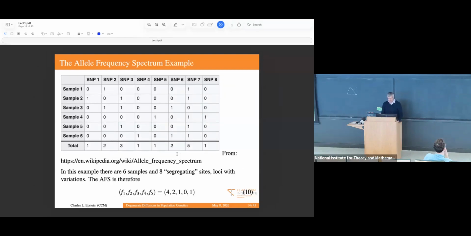So here's an example of an allele frequency spectrum. You have 8 SNPs, 8 places where you had polymorphisms, and you have 6 samples. So you count the number of occurrences of the SNP in your population, and then the spectrum is just this sequence of numbers.